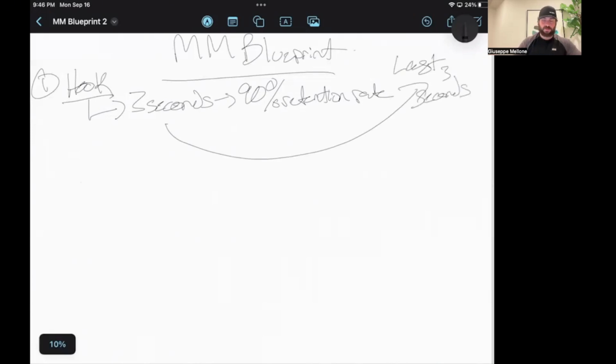This is huge. This is all the difference of keeping your people engaged and paying attention to what you're posting. So your hook needs to grab their attention for at least 3 seconds in the very beginning. It will hold them all the way through so that you could scratch that itch at the very end and they watch that whole piece of content and they know what you're about and what you're offering and what that post is about. So that's your first step, okay?